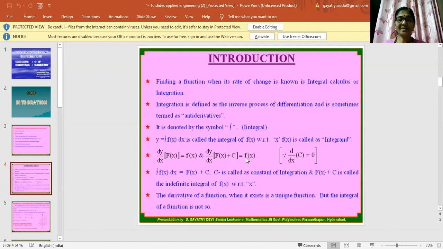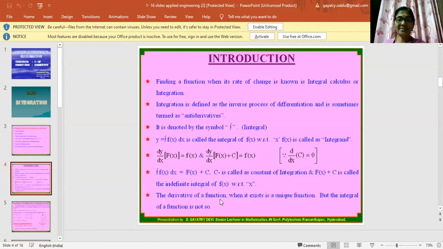So integration of f of x will give this capital F of x, but there may or may not be a constant because the derivative of a constant is 0. So for that we use in every integration a constant c, which is called the integration constant.